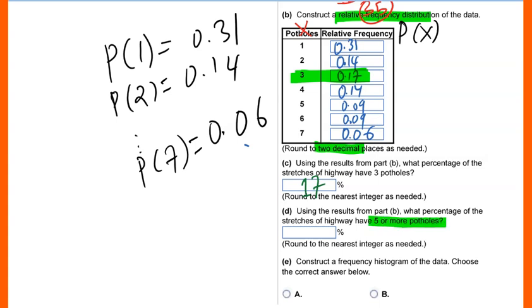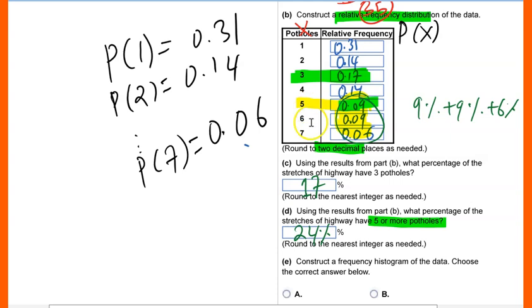That means you're adding these three numbers. These are the 5 or more potholes percentage, and this is 9% plus 9% plus 6%, which is going to be 24%.